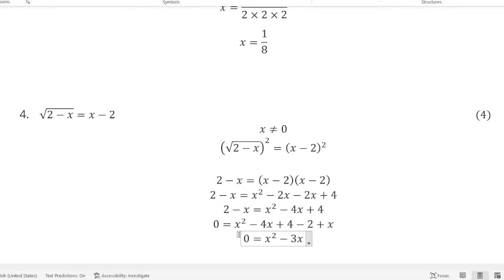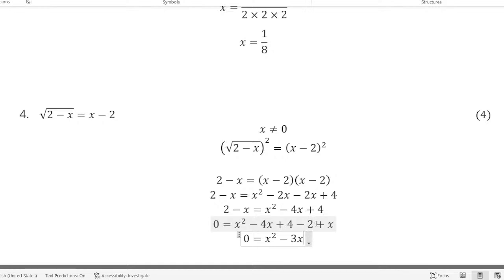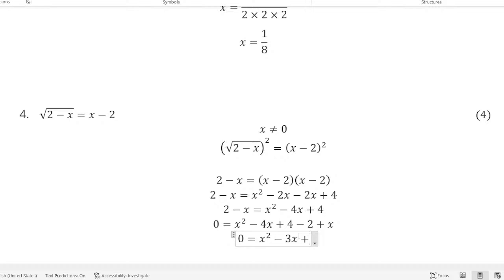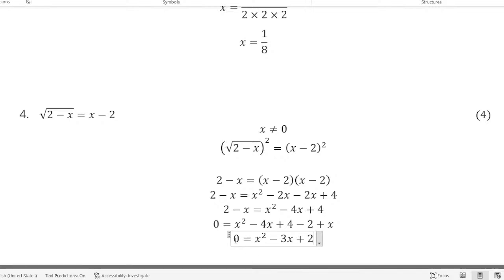Then 4 minus 2, that will be a positive 2. We're left with plus 2. So here we have 0 is equal to x squared minus 3x plus 2.